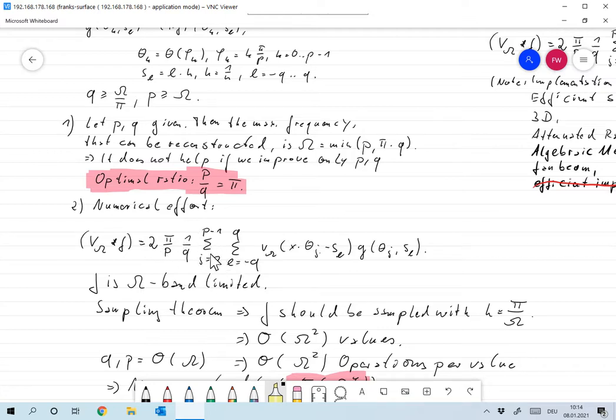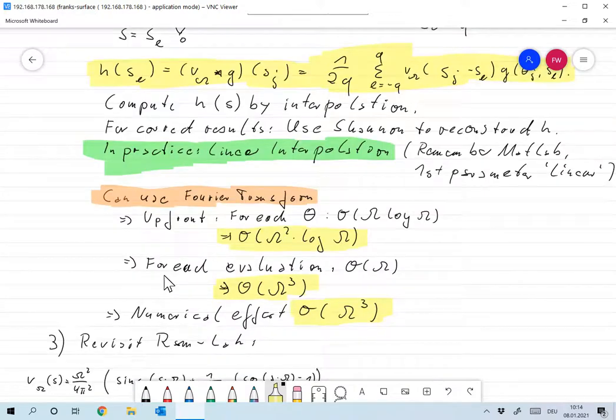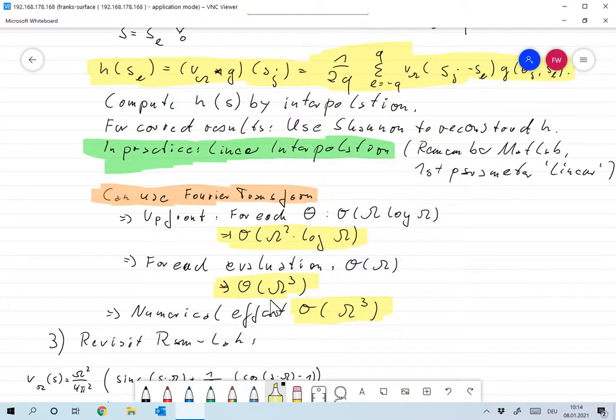So for each of these evaluations, we just have capital O of omega, so that for omega squared evaluations, we have something like capital O of omega cubed. So finally, the back projection step takes capital O of omega cubed.